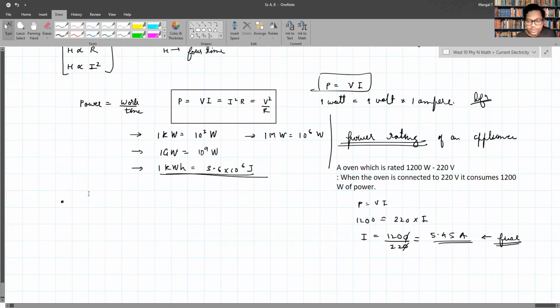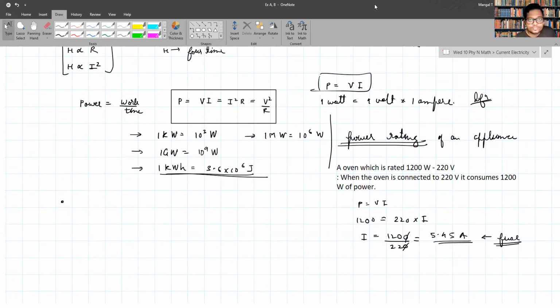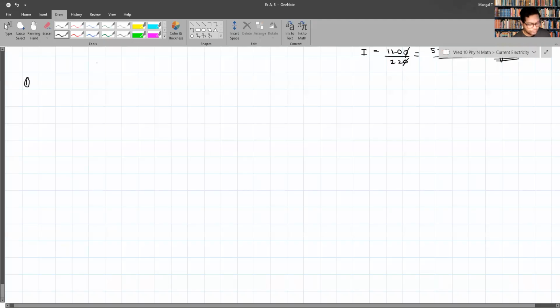So what we can do is a few numericals now. An electric bulb of resistance 500 ohms and the current flowing in it is 0.4 amperes. You have to calculate the power and the potential.